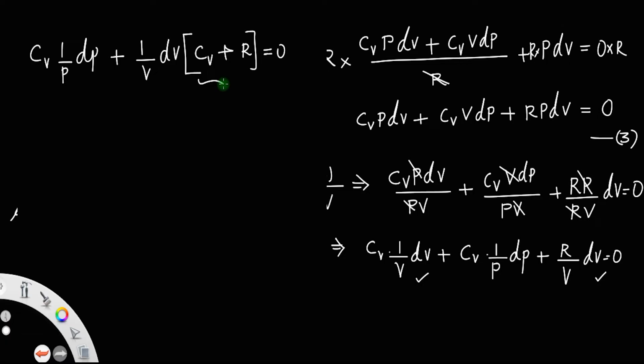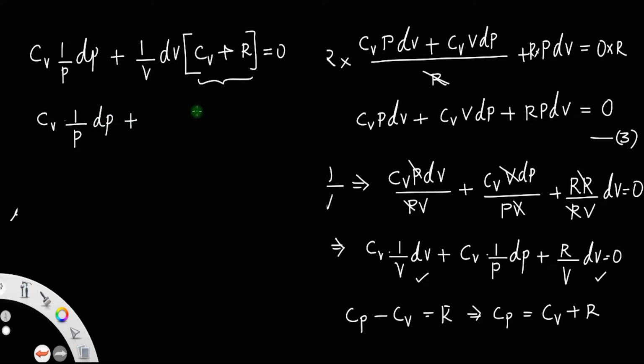But you know from Mayer's relation, Cp minus Cv equal to R. So Cp will be Cv plus R. So here you can plug in the value Cp: Cv into 1 by P dP plus 1 by V dV into Cp equal to 0.